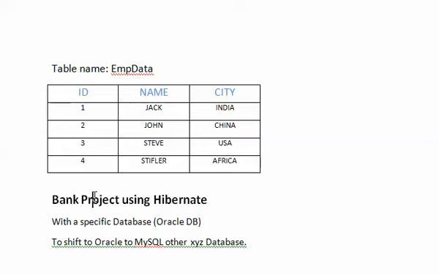But when you come to JDBC, we have to specifically write all the update queries, all the select queries to retrieve or update or insert the data. Hibernate does have all these functionalities, but it's completely different. So these are the differences that I can say.